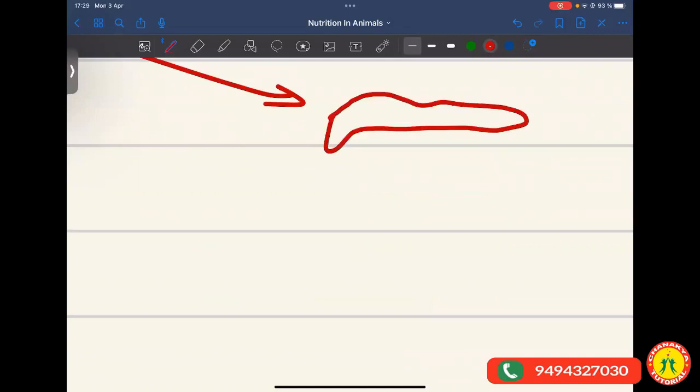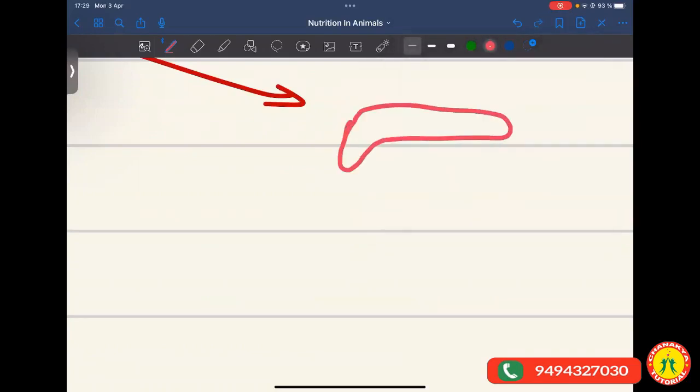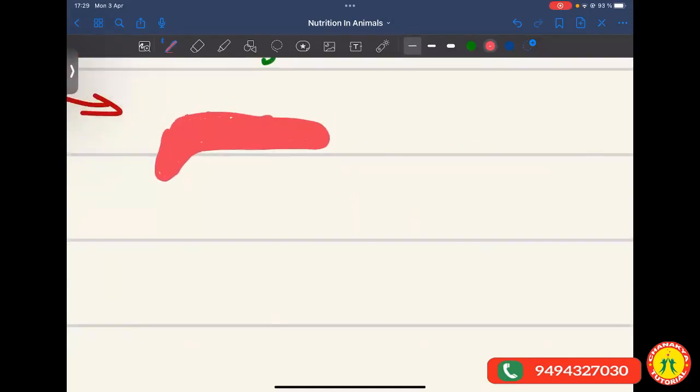It's almost a cream colored organ. Sorry, it's a cream colored gland.